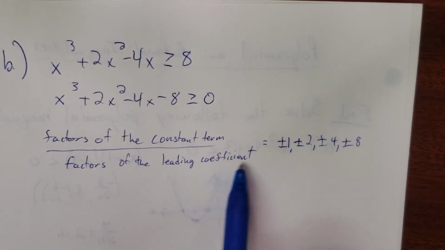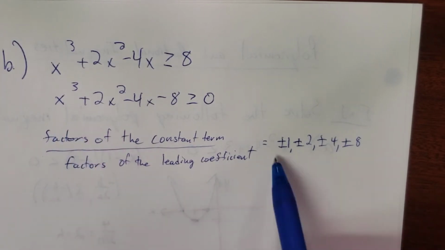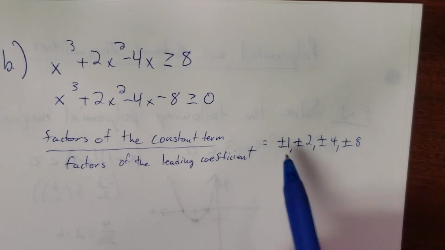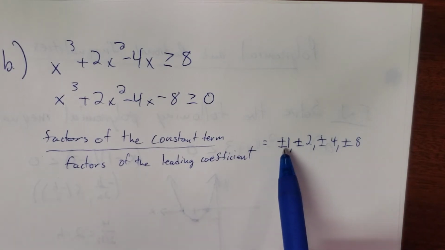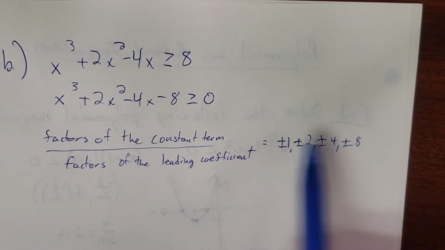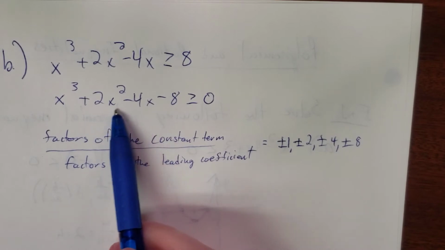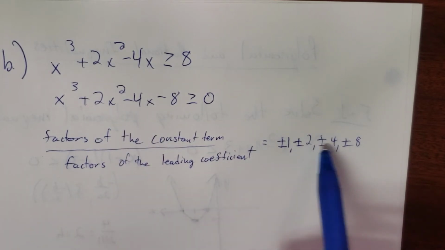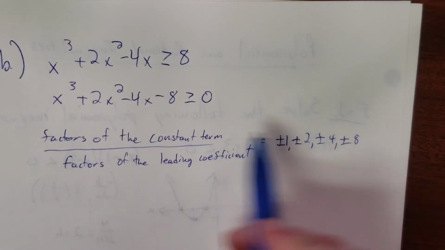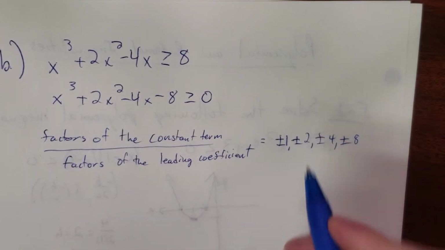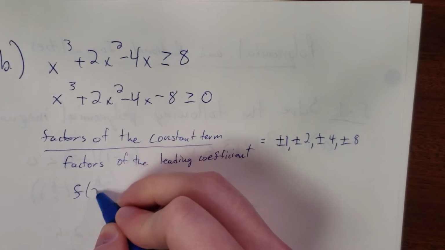Right, the factors of the leading coefficient were just 1 and negative 1. So if we divide all of these by 1 and negative 1, we just get these values again. So I kind of skipped that part here. But anyways, these are the possible rational zeros of this polynomial. So if we plug in 1 and negative 1, we're not going to get a 0. Let's go ahead and plug in 2.